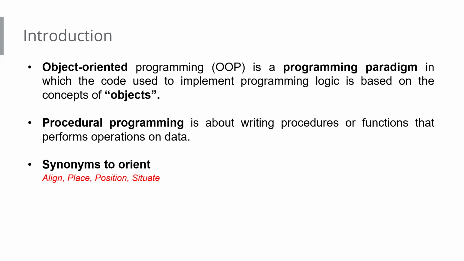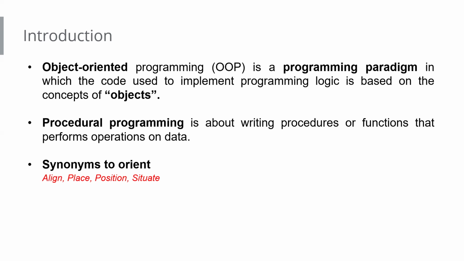Another keyword we see over here is the word orient, which is also an interesting one. There are a few synonyms you see over here. If you say something is oriented, a synonym is align or place or position or situate.